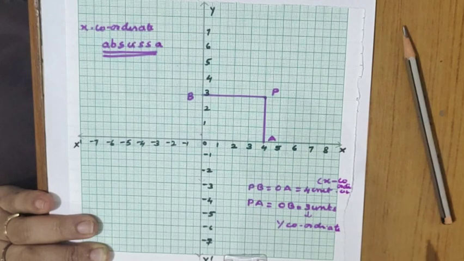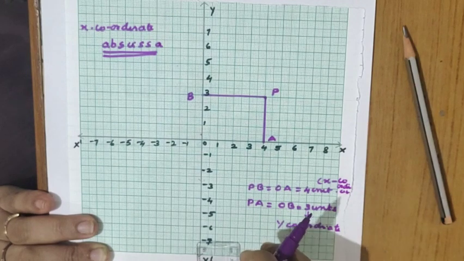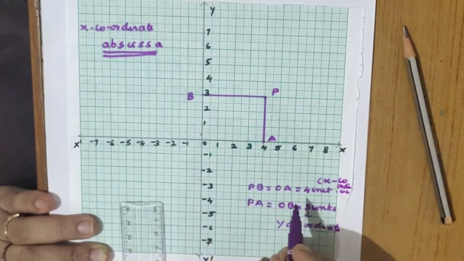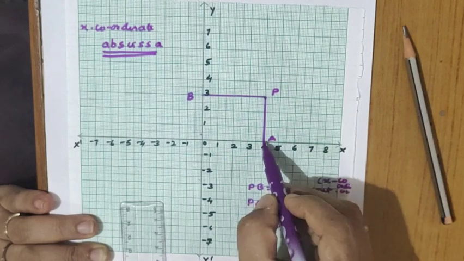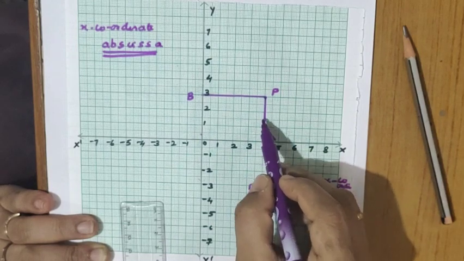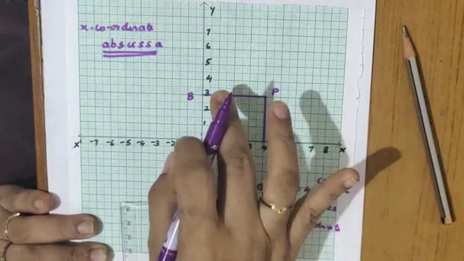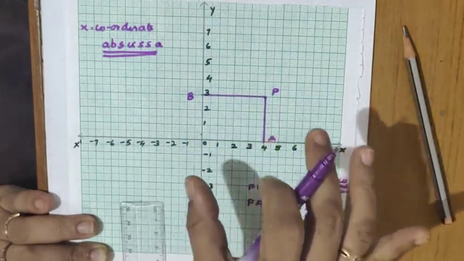Similarly, you can tell me the definition of the y-coordinate also. It is the perpendicular distance from the x-axis but measured along the y-axis. Measurement is taken along the respective axis only.